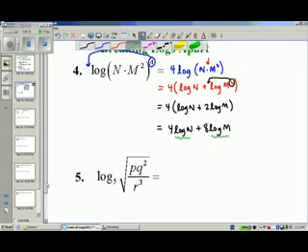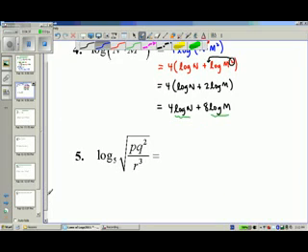All right, let's look at this next one. For this one, my big picture here is I have this square root, which is the same thing as the 1/2 power. So I'm going to take that 1/2 power, which is from rule number 3. Okay, so we're just going to think of this, the square root's gone. I'm replacing it with 1/2, and I'm going to pull that out in front.